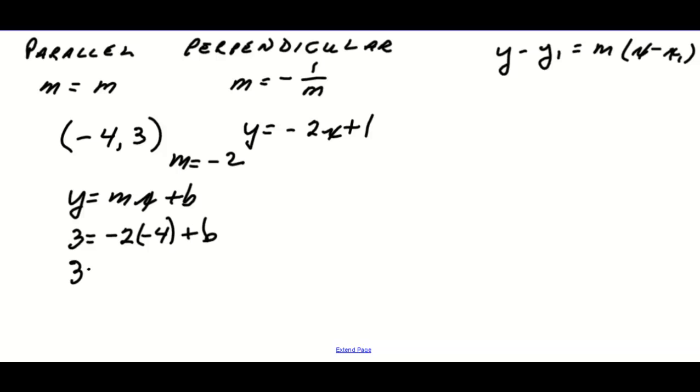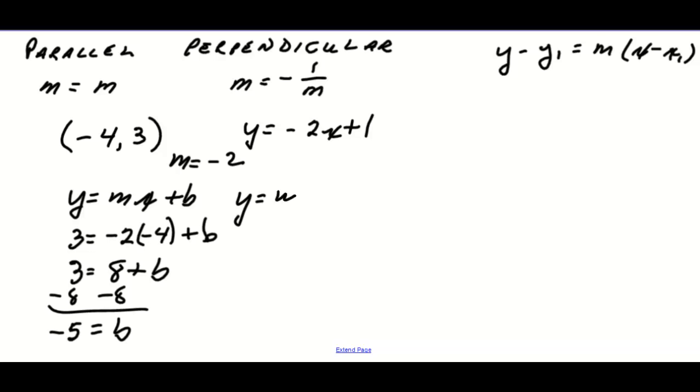I get 3 equals 8 plus b, subtract 8 from both sides, and I get b equals -5. And now we just do y equals mx plus b. Y equals -2x minus 5. That's simple. I said I wasn't going to solve it, and I guess I did, so we'll probably solve this last one.